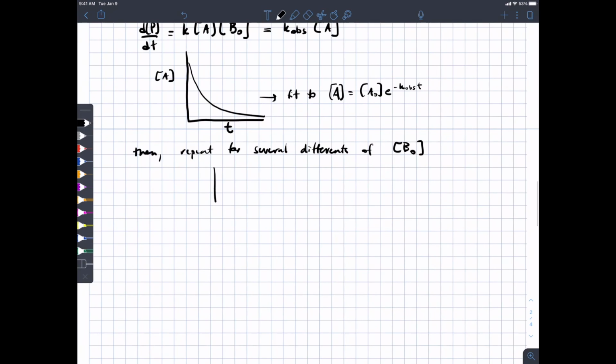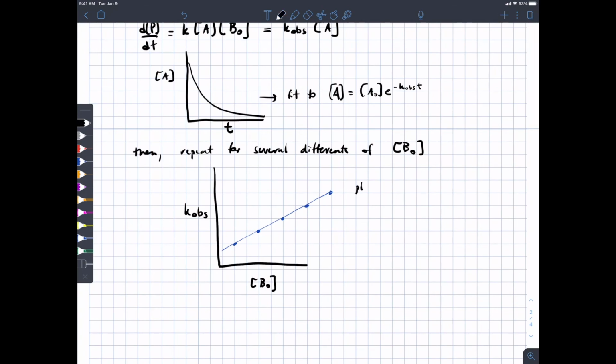All right, and what would this look like? Well, you would repeat this analysis to determine a new observed rate constant at different concentrations of B. And then you would plot those observed rate constants as a function of B. And let's assume that you observed that the plot was linear and you fit a curve to it.